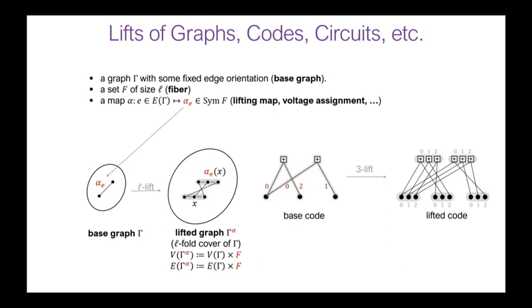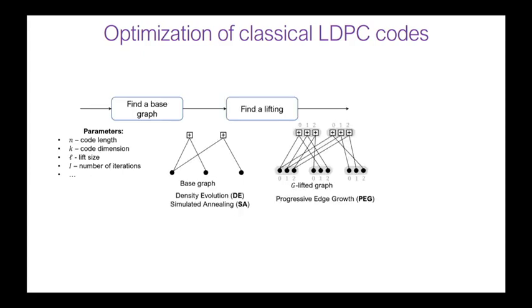What is interesting is that this lifting construction can be used not only with graphs, but also with codes, since they are also defined by graphs. It can also be used with circuits and other things that can be represented by graphs. This idea is very important in designing classical LDPC codes, because they are usually designed in two stages. First, we design a small graph called the base graph, and then we lift it and obtain a large graph.